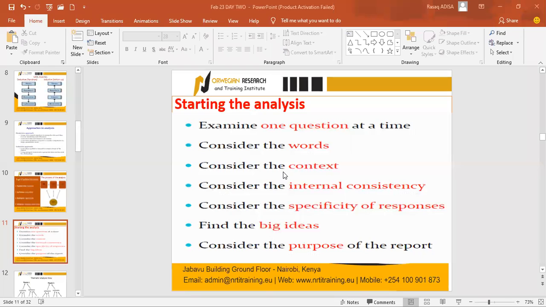Read answer to question 1 in J1. Read answer to question 1 in W1. Read answer to question 1 in D1. So you have an interview script from John; we said John is J1. You have an interview script from William; we said William is W1.